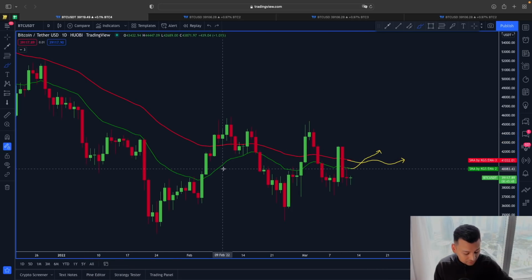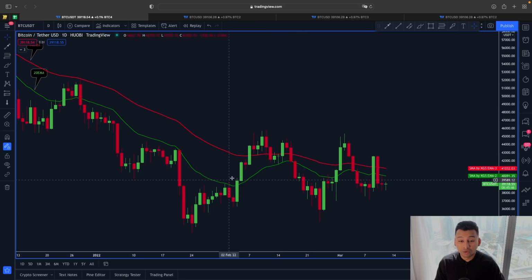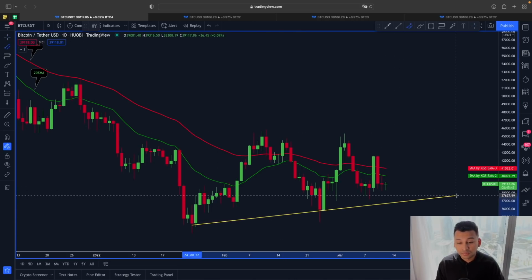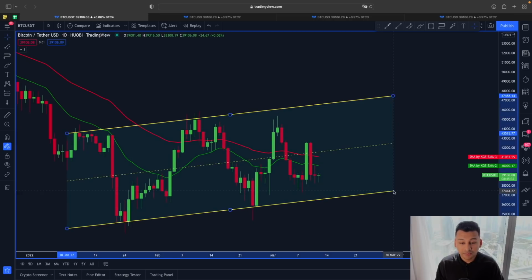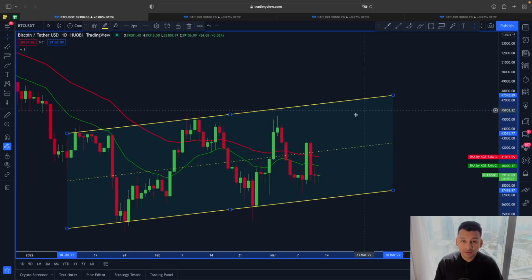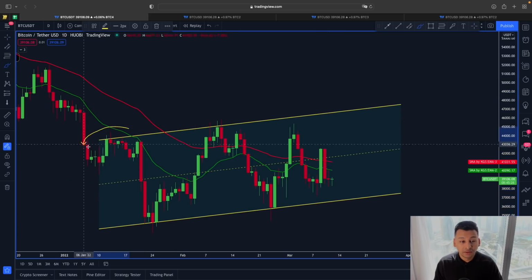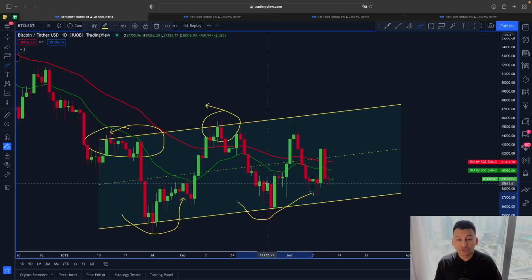But if we look at this price structure right now in a bit different way around this area, what we can also do is add this one scenario where the price is inside this ascending channel, where the upper line has acted as a strong line of resistance and the lower line as a strong line of support.